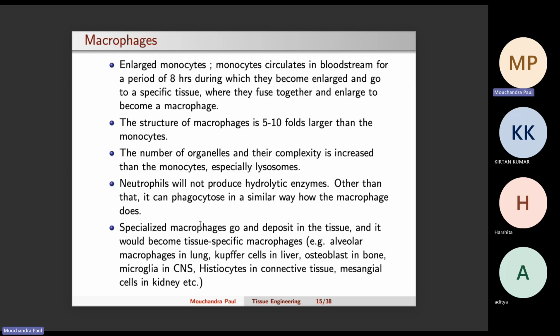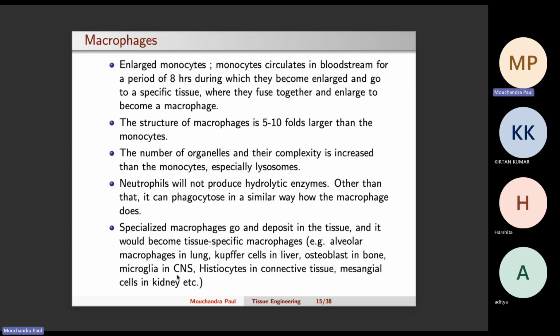Now, there are a few macrophages which are floating in our blood, but there are also those macrophages which are tissue specific, like the alveolar macrophages in the lung. Then Kupffer cells, I think you might have heard, are present in the liver. Osteoclasts are the macrophages found in the bone.